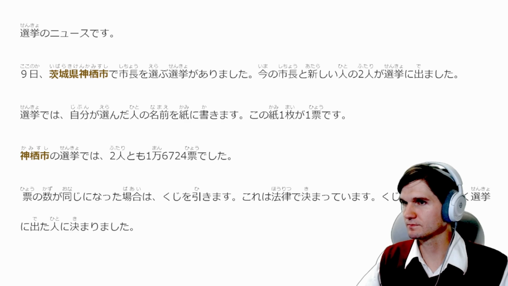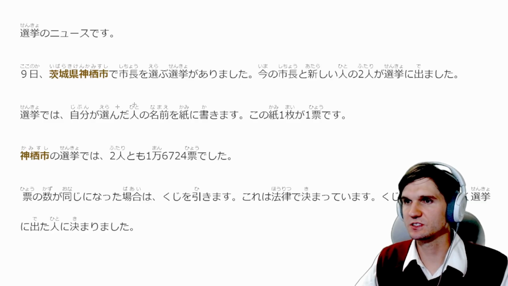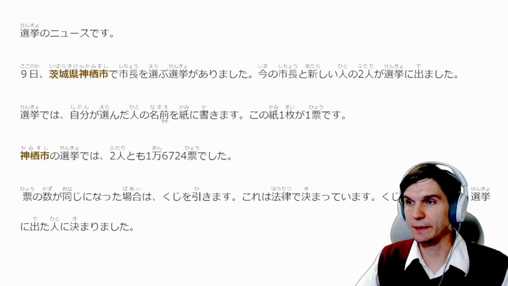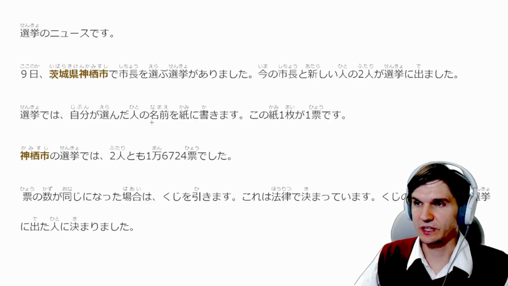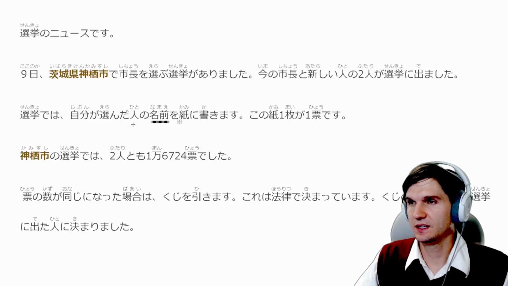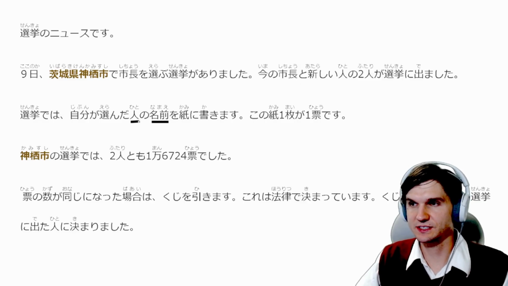選挙では自分が選んだ人の名前を紙に書きます。この紙1枚が1票です。Okay, so 選挙では, in elections, 自分が選んだ人の名前. We have our noun here, 名前, which is name, and then 人, person.